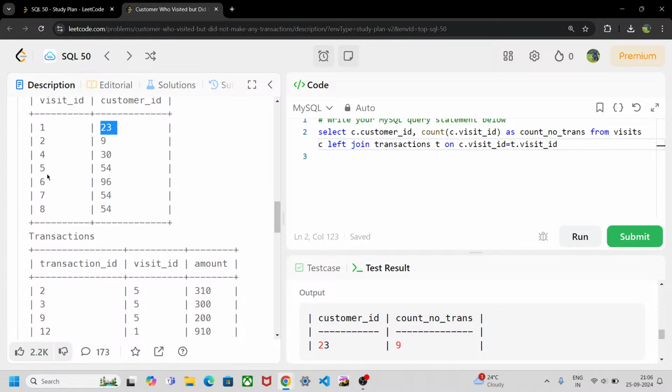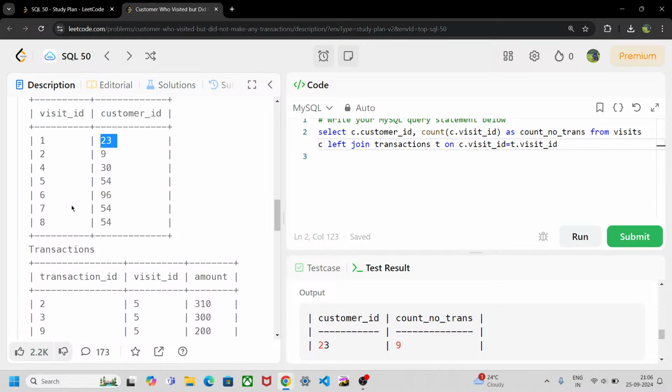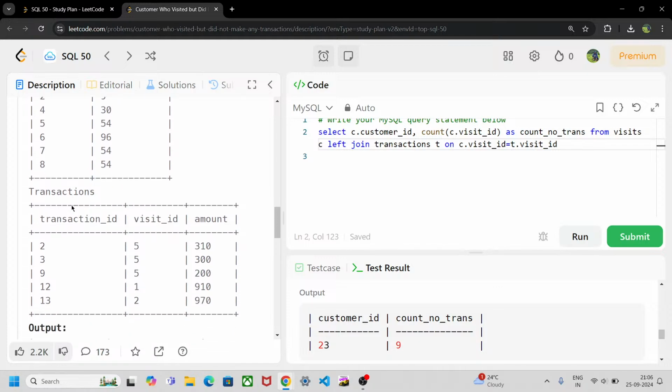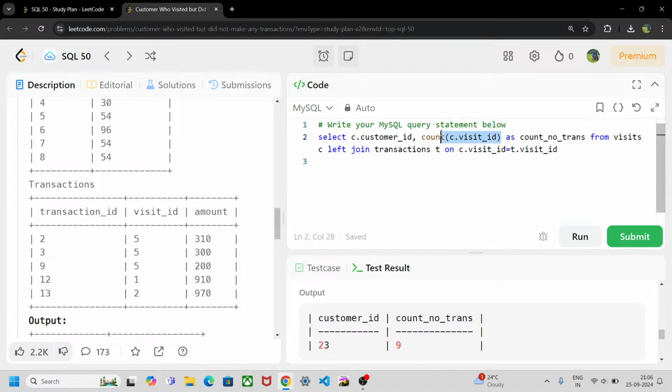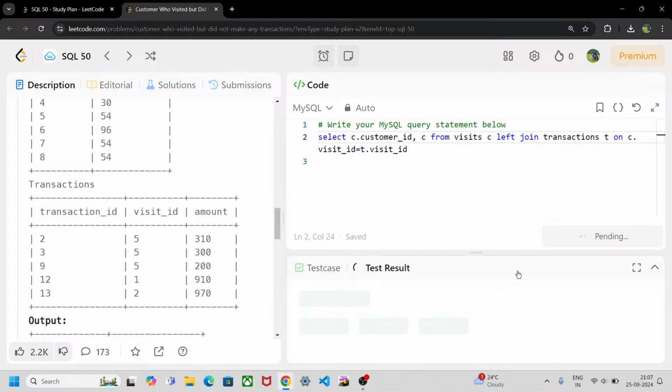Okay, let's remove this and see what output we get. Then we will understand it.